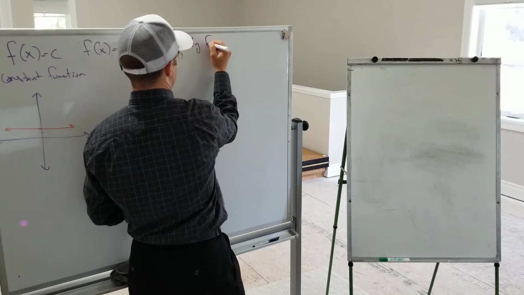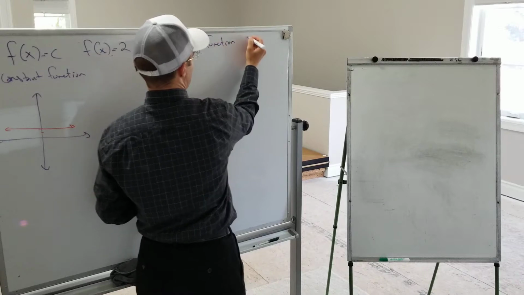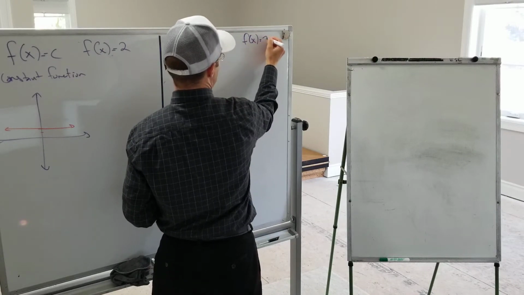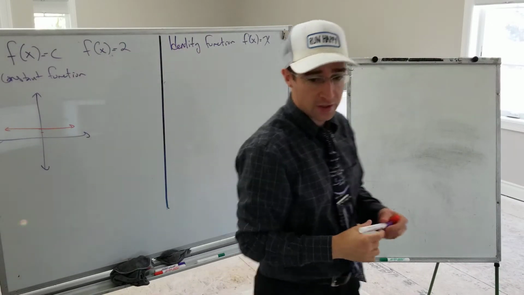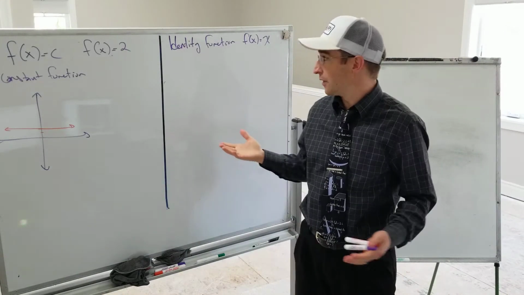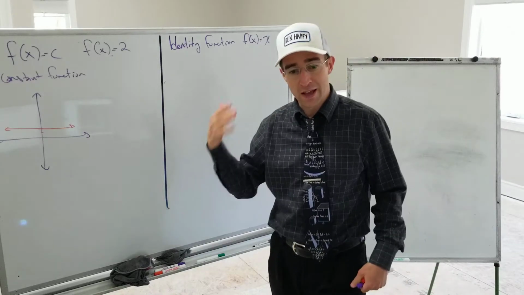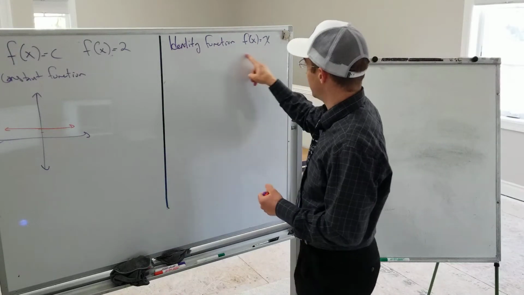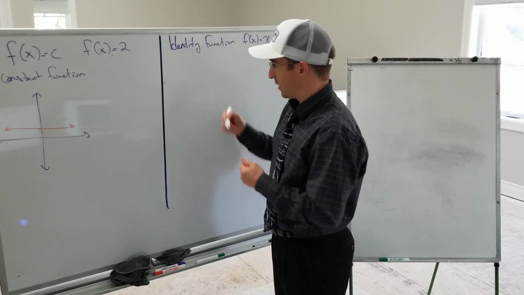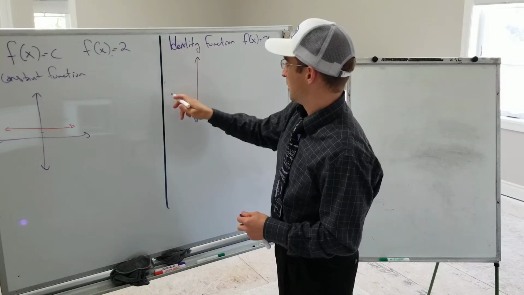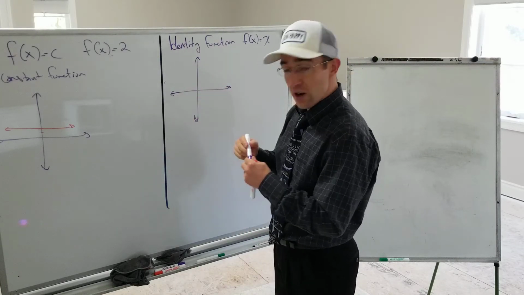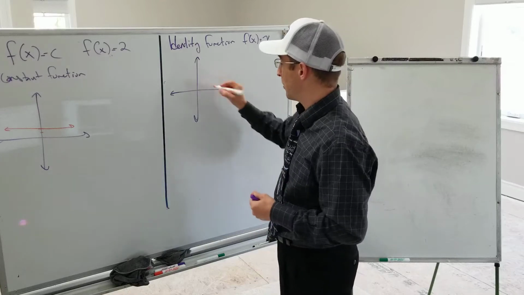All right, we have the identity function. This is f of x equals x. It's also our linear function, right? So linear function f of x equals mx plus b, or y minus y1 equals m times x minus x1, but just the parent function f of x equals x is the line where every x number equals the y number.